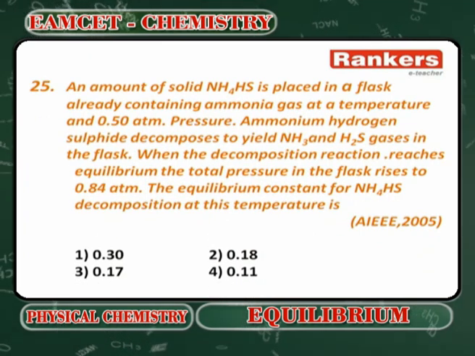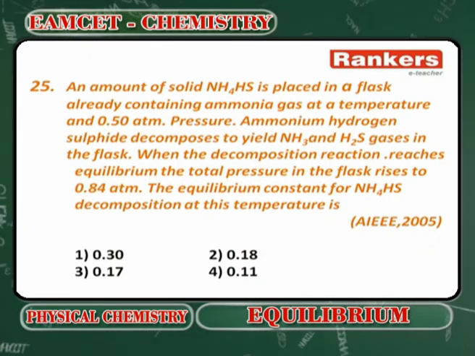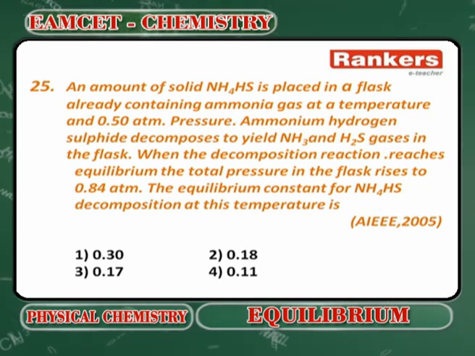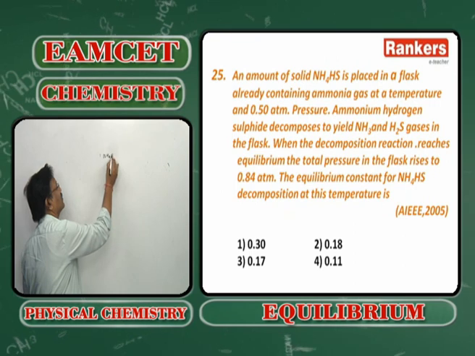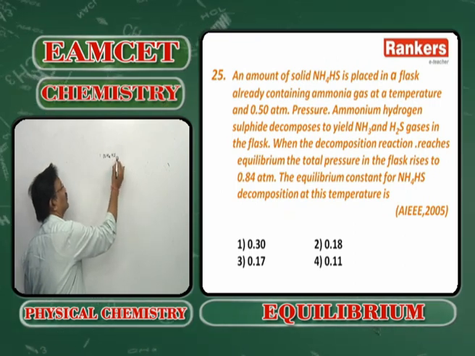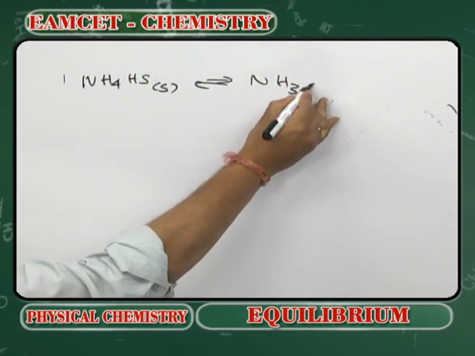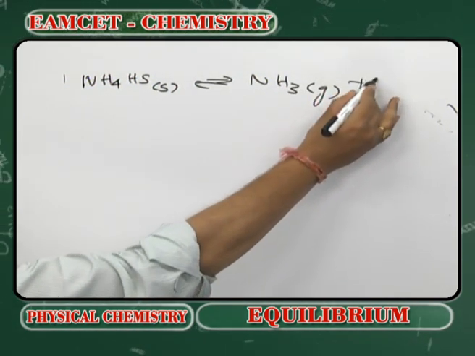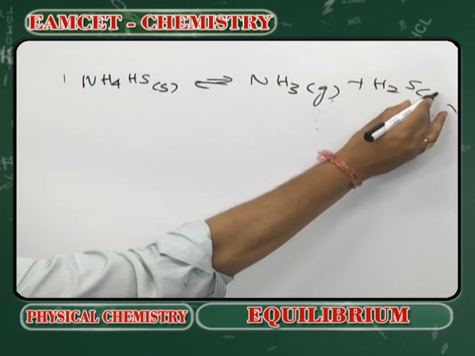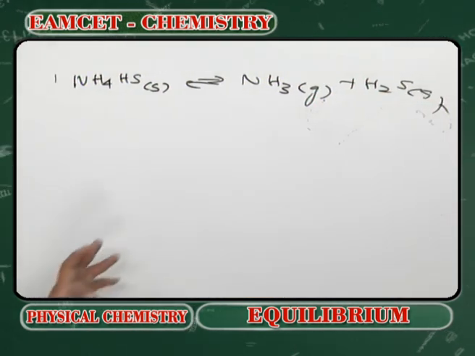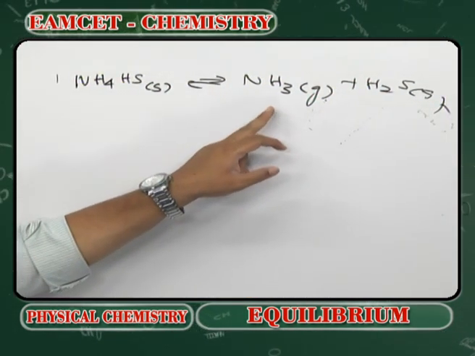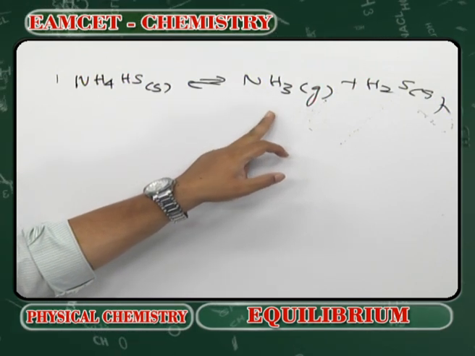Next, NH4HS gives rise to NH3 plus H2S. The process is started with 0.5 atmospheres of ammonia.